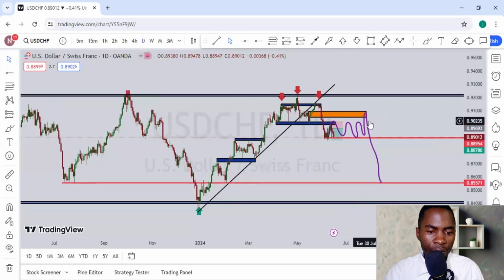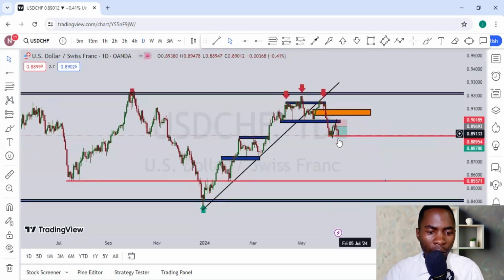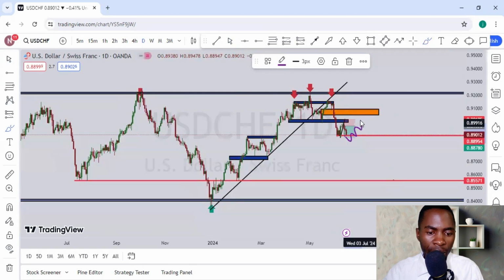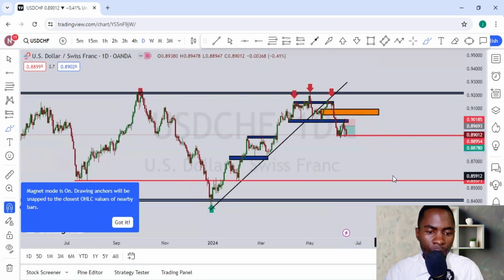So I'm going to wait until the market gives me a good retracement. Even if it is around here, I'm going to wait for the market to give me a good retracement, like a reversal pattern around here, even a break here, then I will take this trade to the downside.